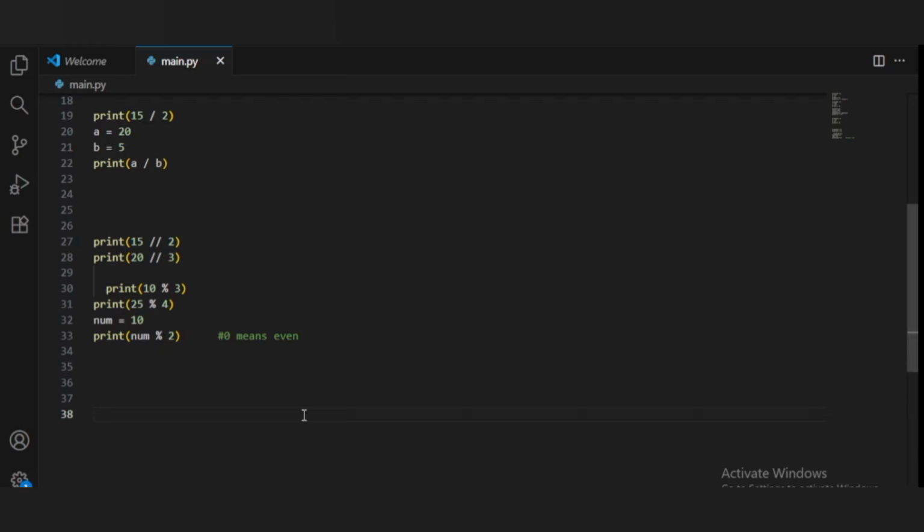So this is our modulus operator. Now move on to the exponent operator, used to calculate powers, raising a number to a power.